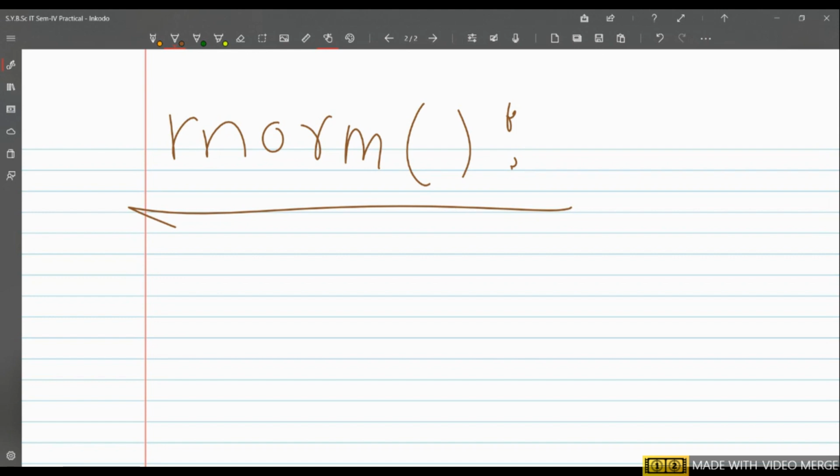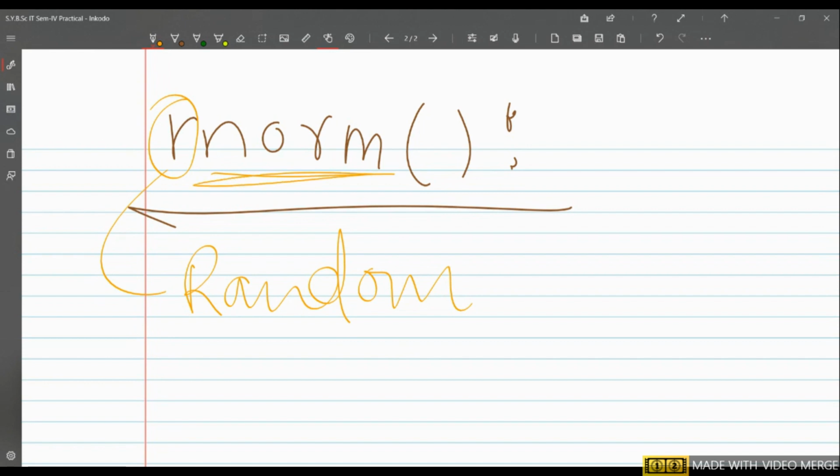The first inbuilt function in R Studio is rnorm. What does this function actually indicate? Here R stands for random, and norm stands for the normal distribution.